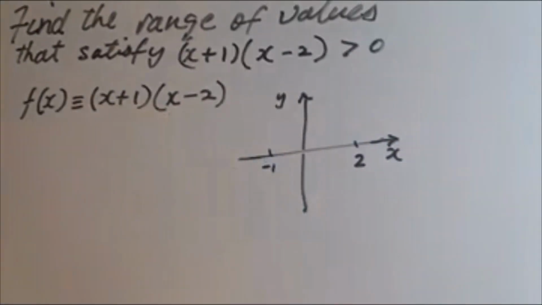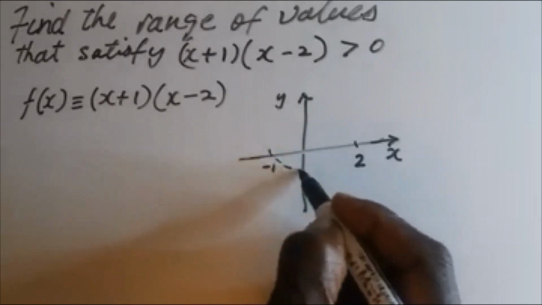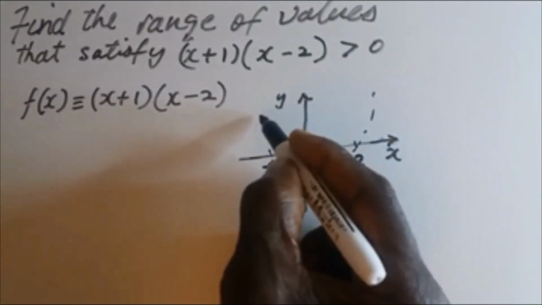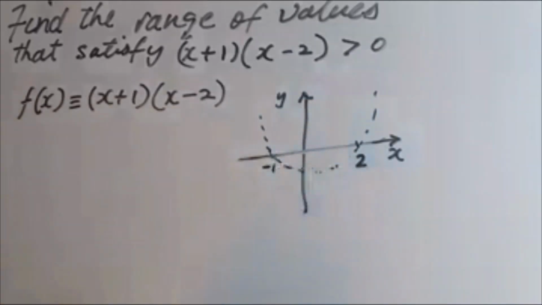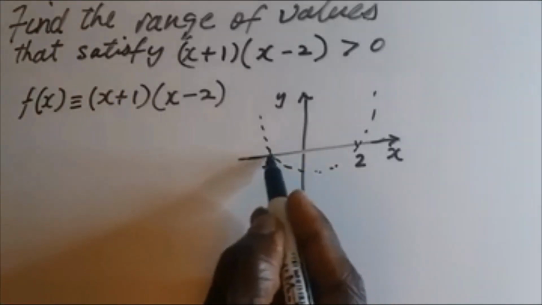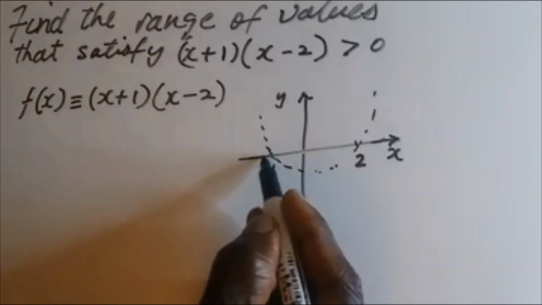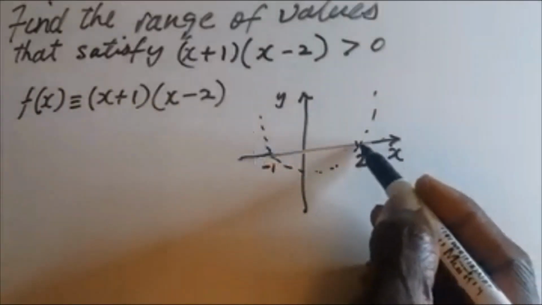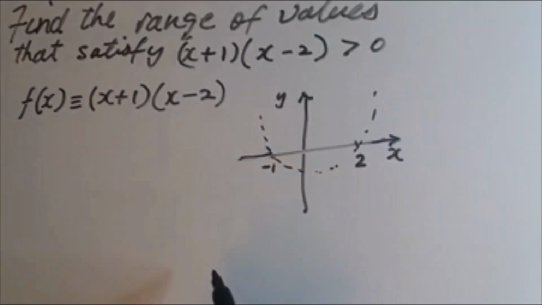Again, the coefficient of x squared is positive, so we will have this U shape. And we're looking for positive values of f of x, or y values, so it must be greater than 0. So any value less than -1 or greater than 2.